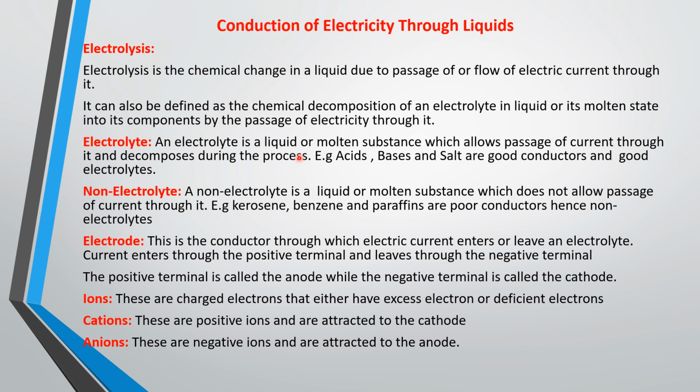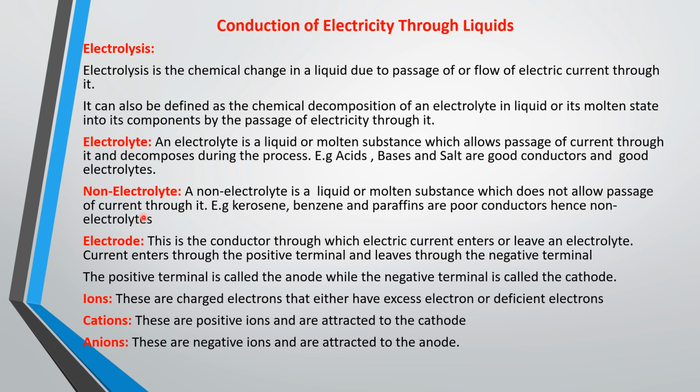So an electrolyte is a liquid or molten substance which allows passage of current through it and decomposes during the process. Examples are acids, bases, and salts. These are good electrolytes, and they are also good conductors of electricity.